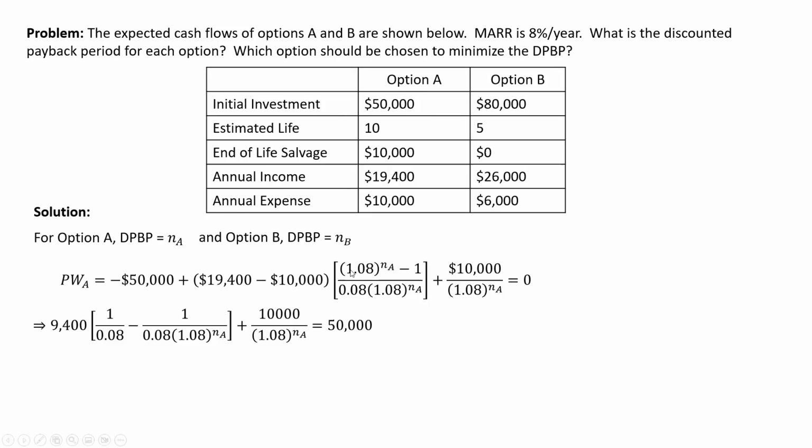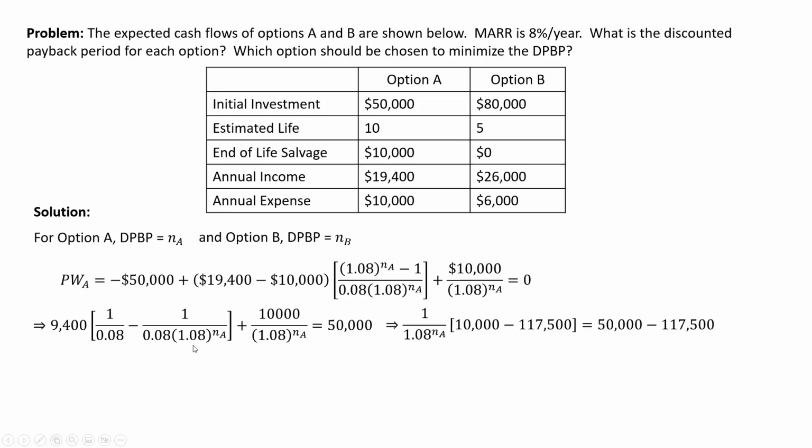Huh, right? We can split this into two fractions, right? 1.08 to the N sub A over this minus 1 over this. So when you do that, they cancel. So that you just get 1 over 0.08 minus 1 over 0.08 times 1.08, plus 10,000 over 1.08 to the N sub A. And so we manipulate that a little.